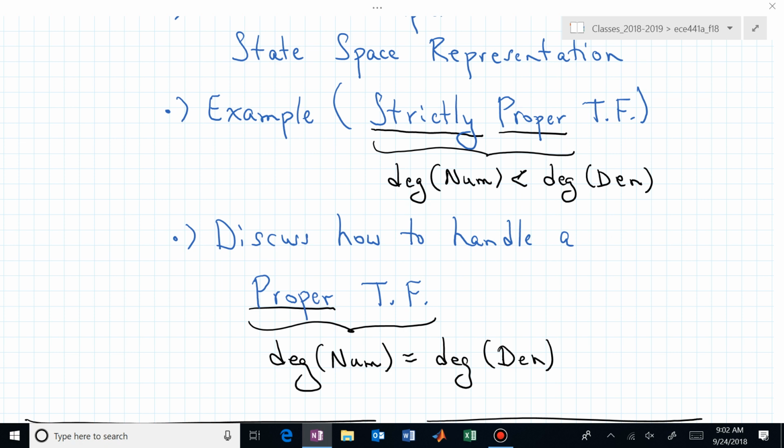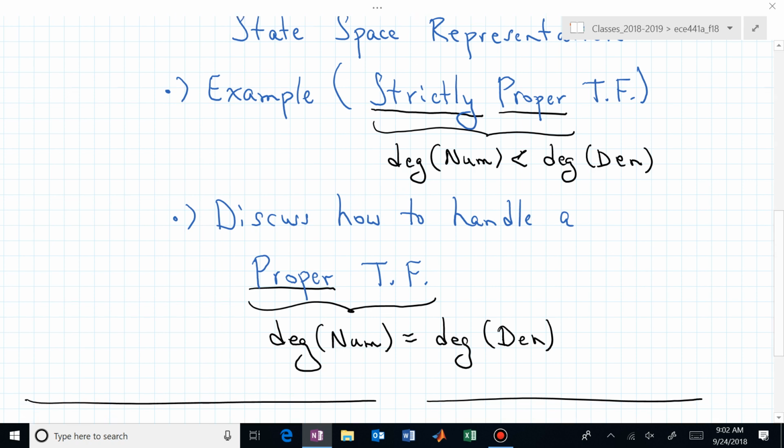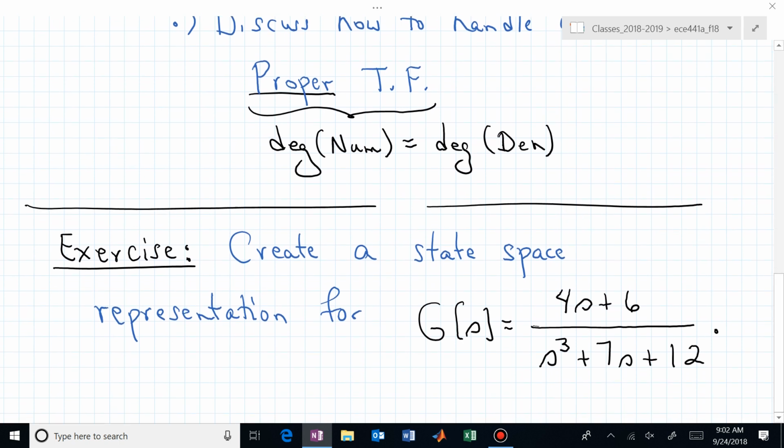Essentially it's long division. Do one step of long division, and the remainder term falls into a strictly proper transfer function, with the constant being our direct feed-through term in the state space representation.